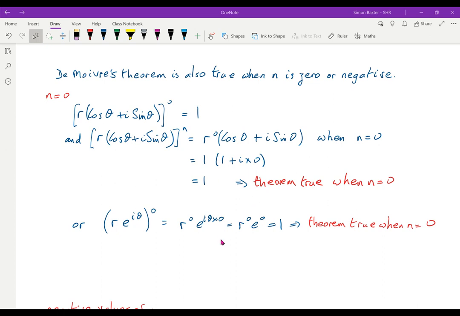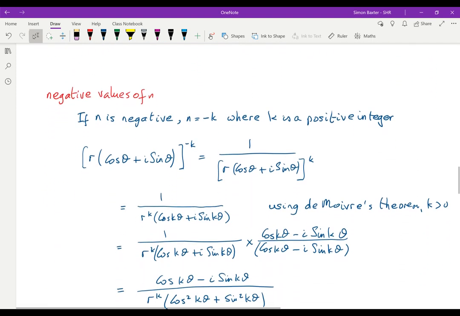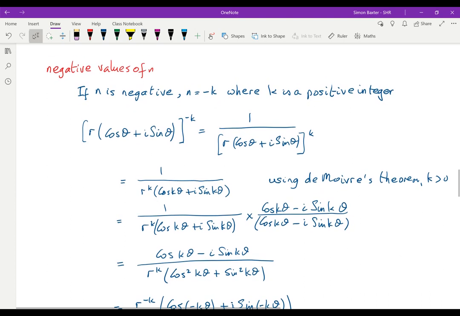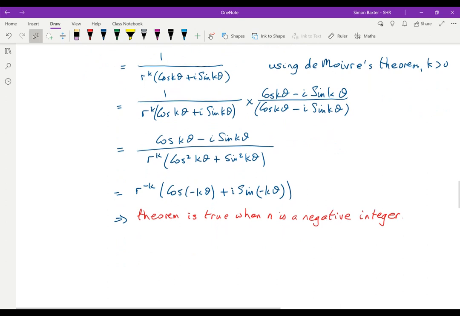And if n is negative, I will let you read that when you look at the notes. It's not difficult. It's quite easy to see. So we've shown that de Moivre's theorem works for n positive integer, n 0, n negative integer, for any integer.